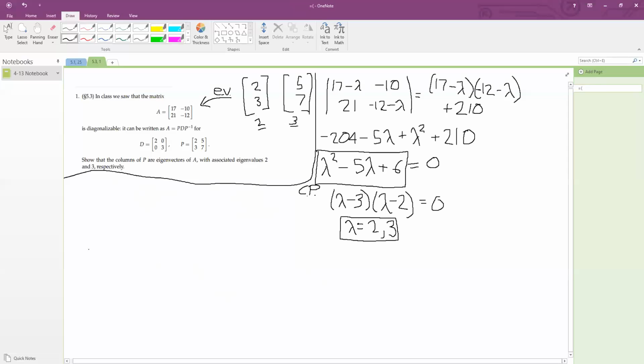So let's do that. Eigenvectors, remember, you go one at a time. So let's start with lambda is 2. All this is, we want to set up A minus lambda I. On the main diagonal we have a 15 because it's 17 minus 2, and then our negative 10, 21, and a negative 14 here.